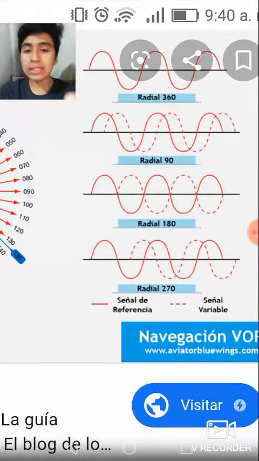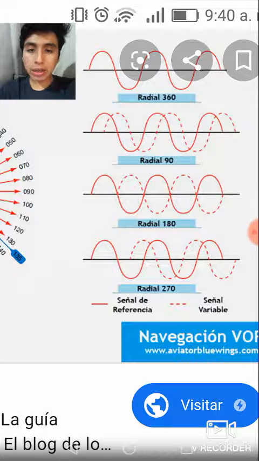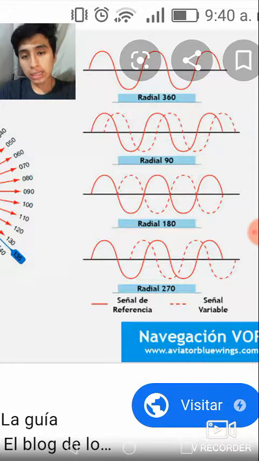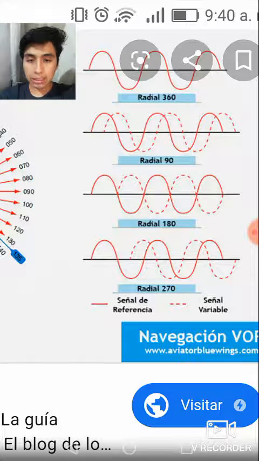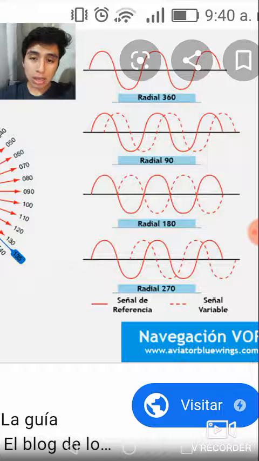For example, radial 360 is in phase. Two signals are in phase because I identified this signal in phase. Radial 19 has a deviation of 19 degrees.